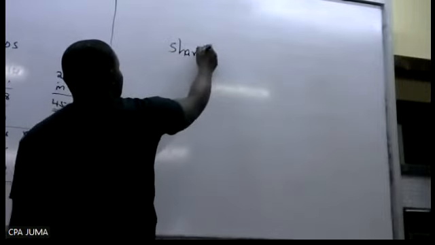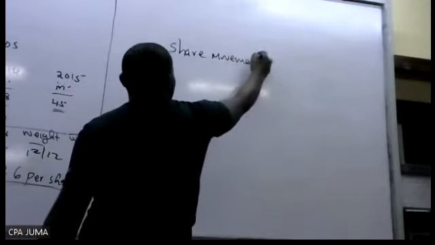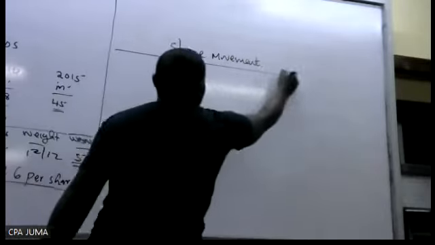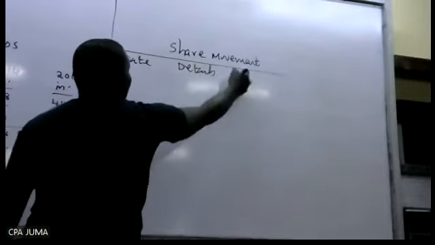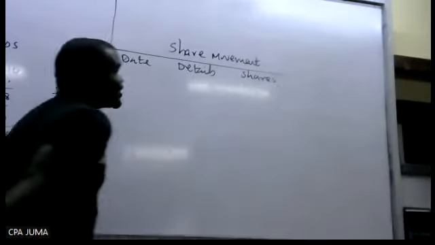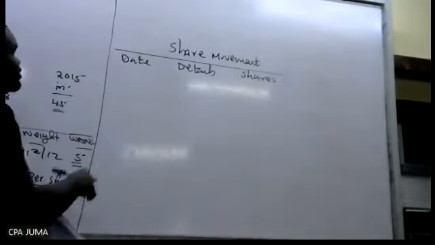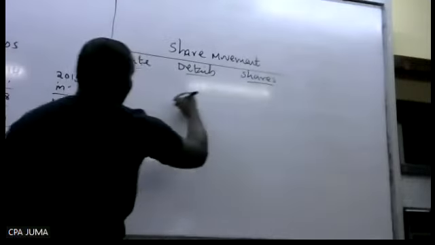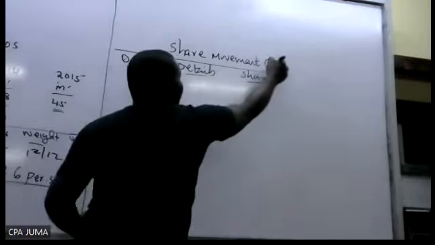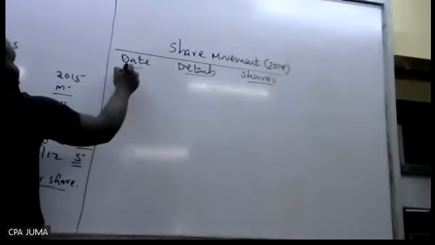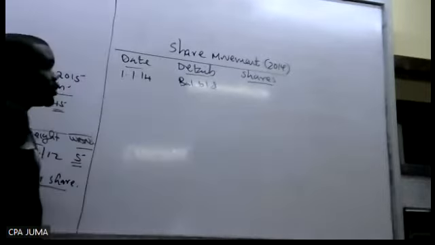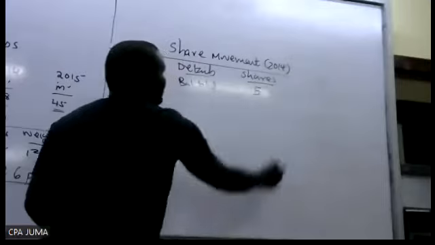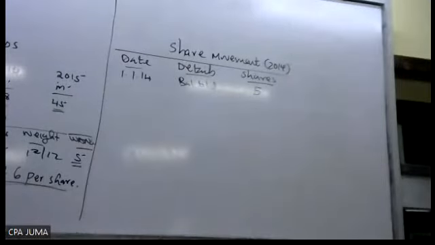When there is a rights issue, you start with share movement, because the theoretical price will have to be captured. So share movement: date, details, then shares. You don't weigh them at that stage. You will have to check the exercise price. So for the date, you start from the beginning of that year, which starts on 1st January. Balance brought down: the shares you closed with last year, how many were there? 5. Correct.